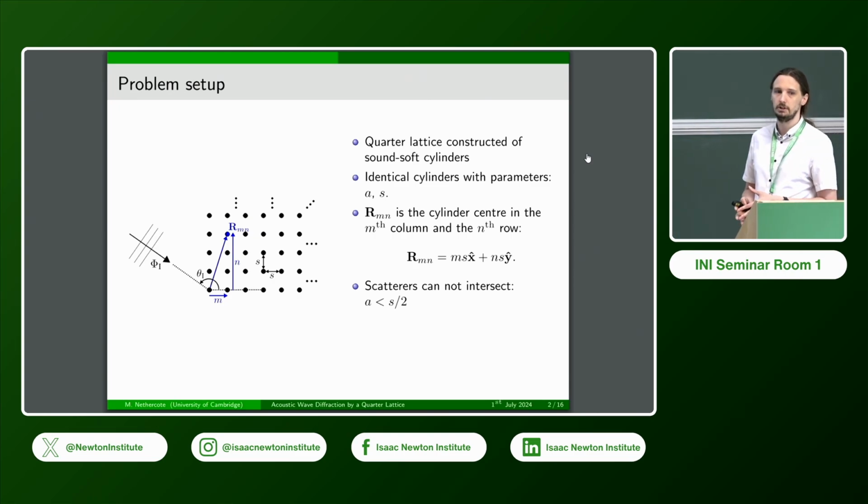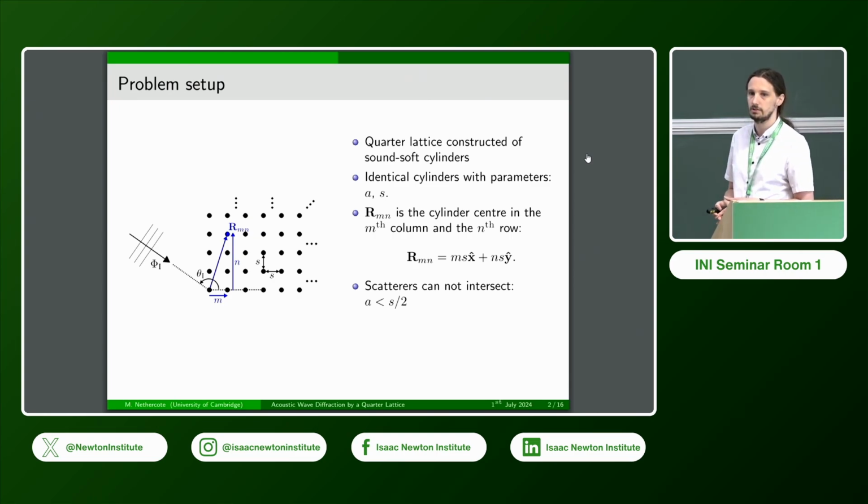We need to make sure that these scatterers are not intersecting or overlapping in any way, so we need the radius and the spacing to satisfy this inequality.